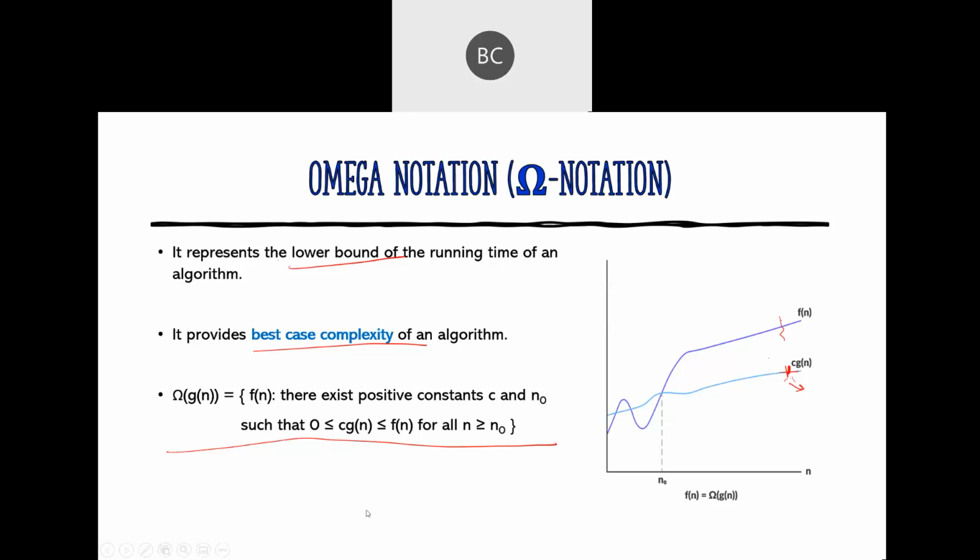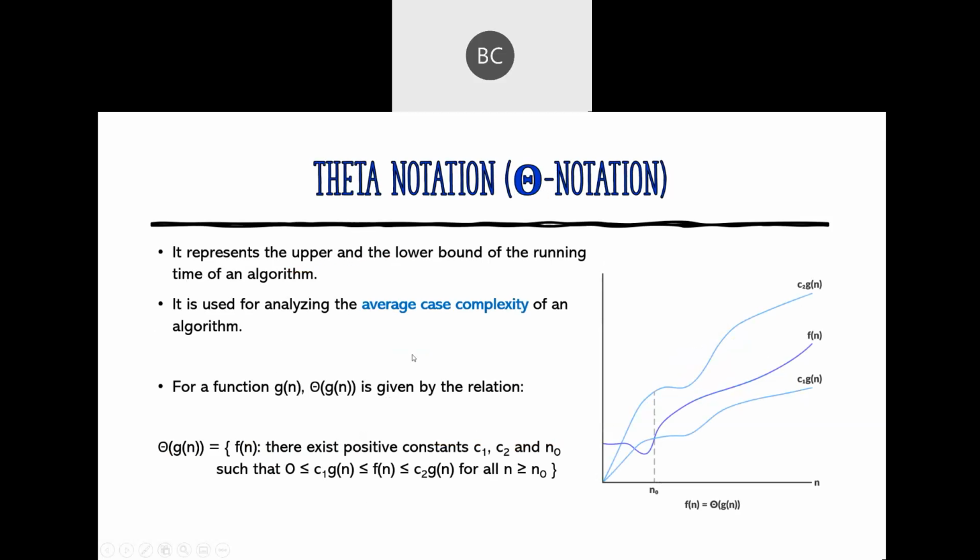The third one is the theta notation, or big theta notation. What big theta notation does is give you the middle ground. It represents both upper and lower bounds, and it is mainly used for the average case. Here is the formula for big theta.